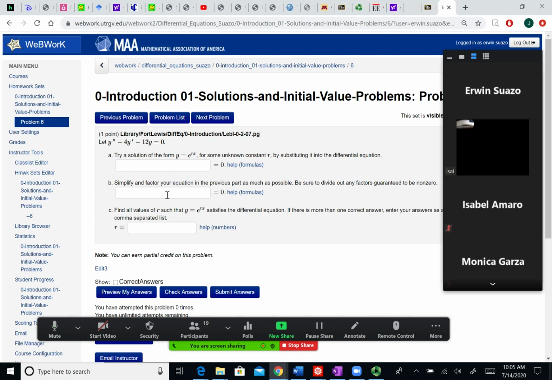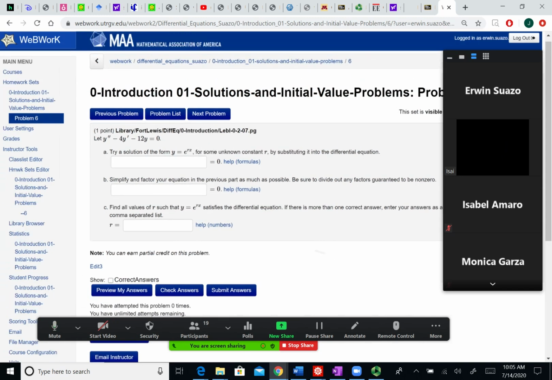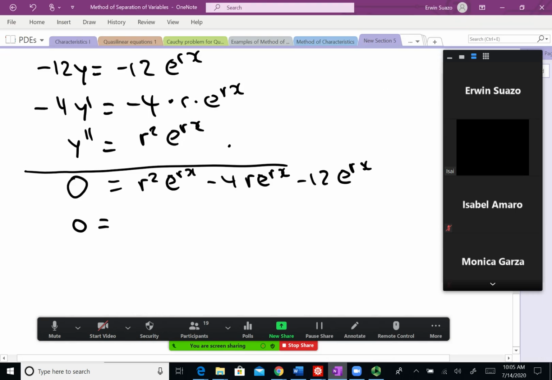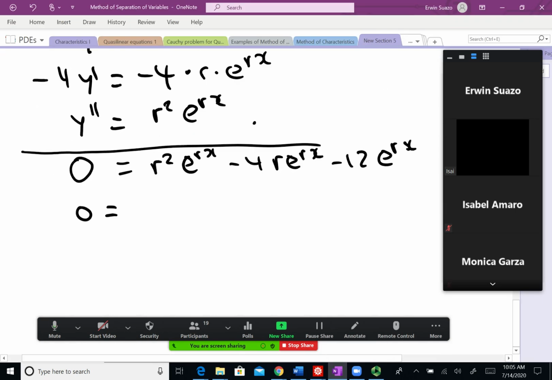We do it, simplify and factor the equation in the previous part as much as possible, and then find all values of r. So really the final goal here is to find an r that is going to be a solution of the equation, right? So what is the purpose? Find r. I need to solve this equation for r. So what would you like to do?